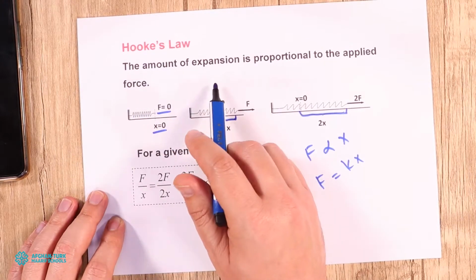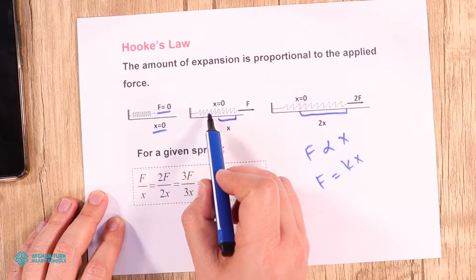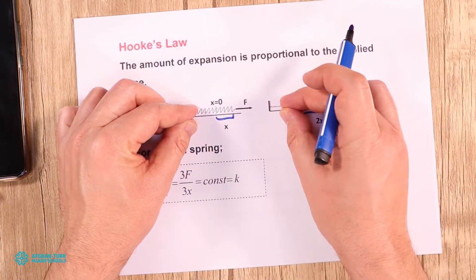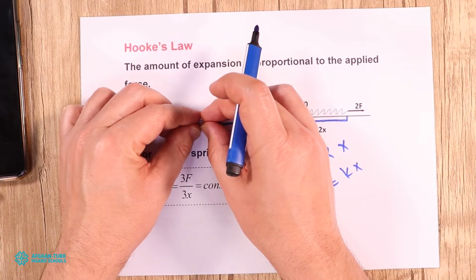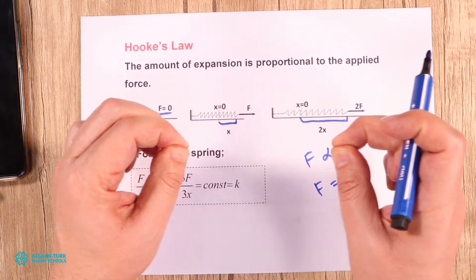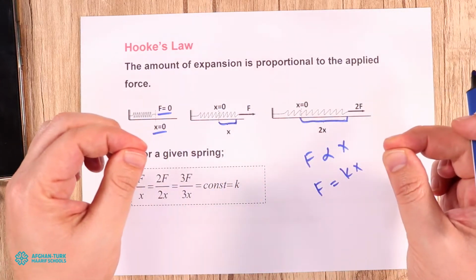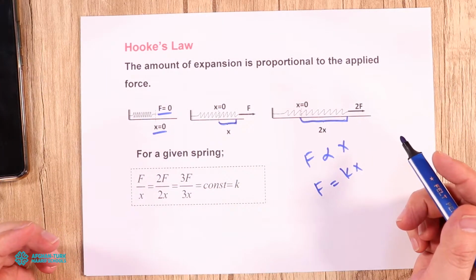This is the amount of expansion. Expansion means when we apply a force on the spring. Sometimes we compress and sometimes we expand, and this is called expansion.